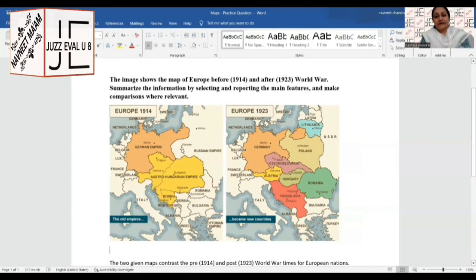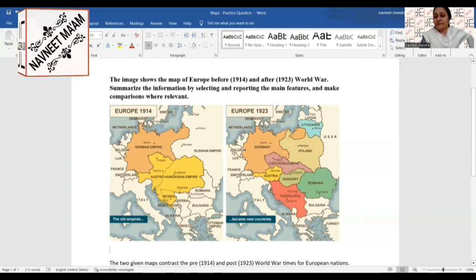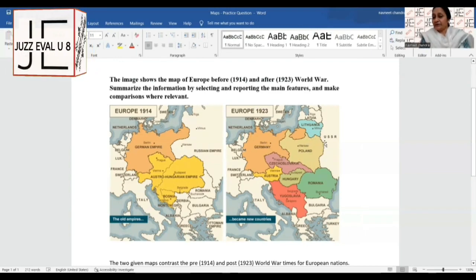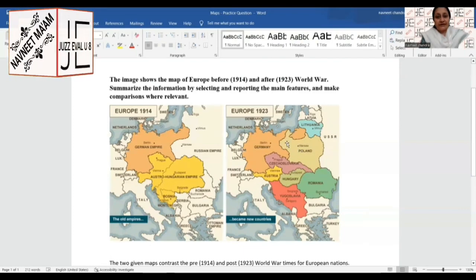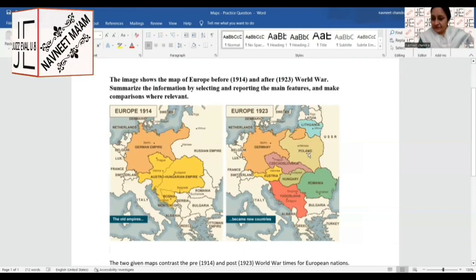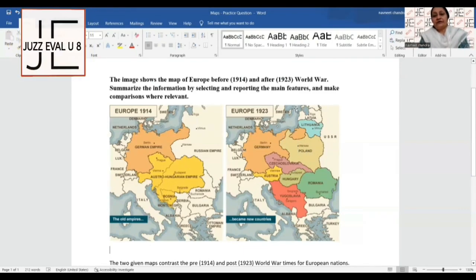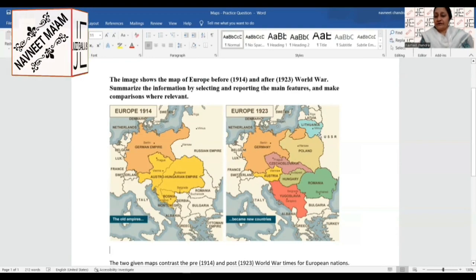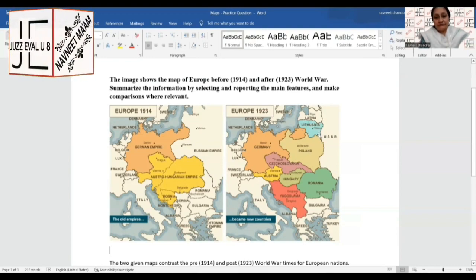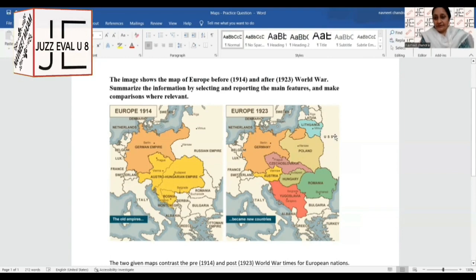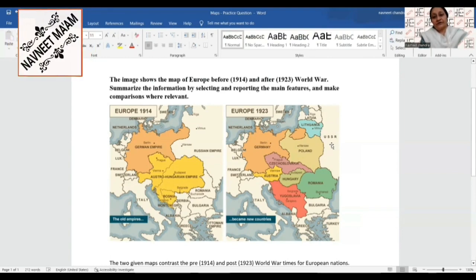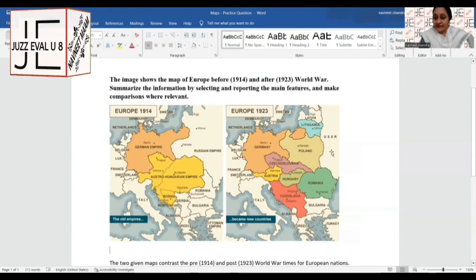Then USSR, that is what has happened to the Russian Empire. Poland has been carved out of the Russian Empire and a bit of the German Empire. Then a new country, Lithuania, you can see here, carved out of the Russian Empire. Now, the Russian Empire has also got its name as USSR.